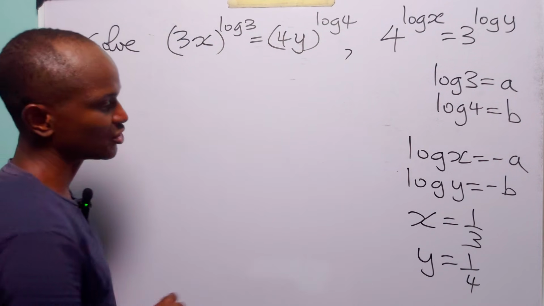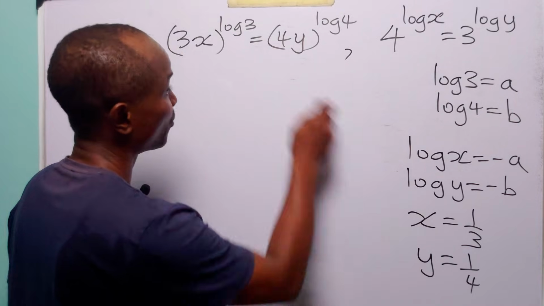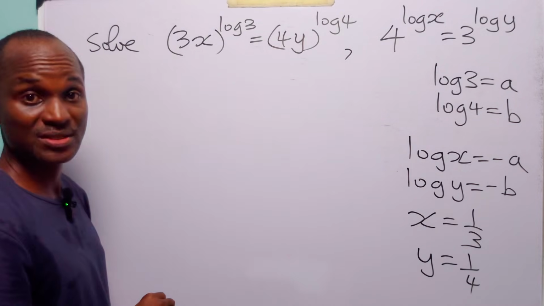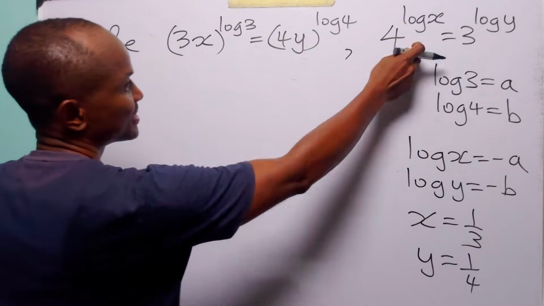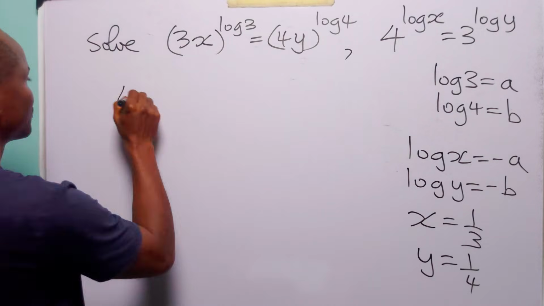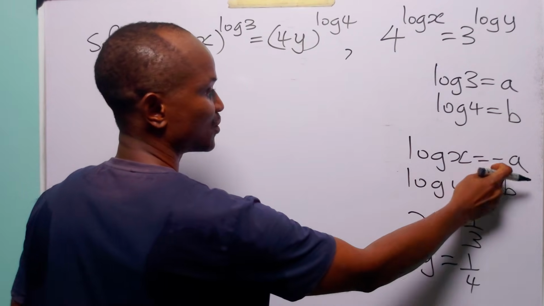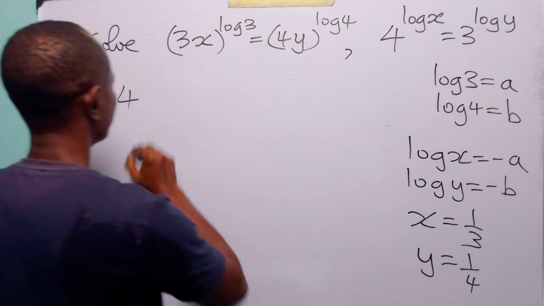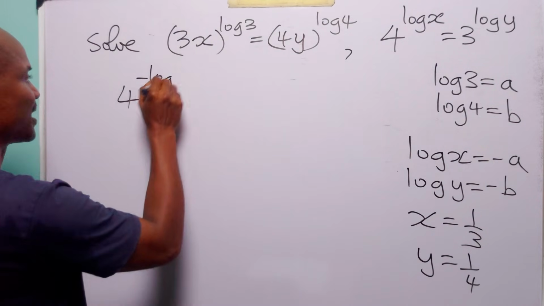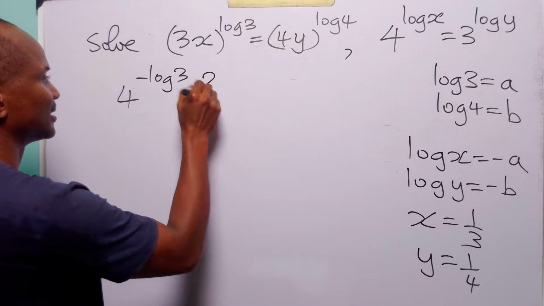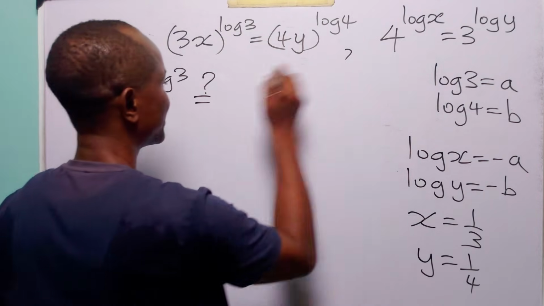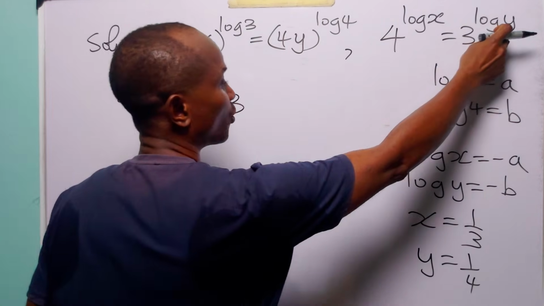Now, to check our answer, let us substitute these values of x and y into the original simultaneous equations. We start with the second equation. We have 4 to the power log x. Now, log x is equal to minus log 3. So here we have minus log 3. And is this equal to 3 to the power log y?